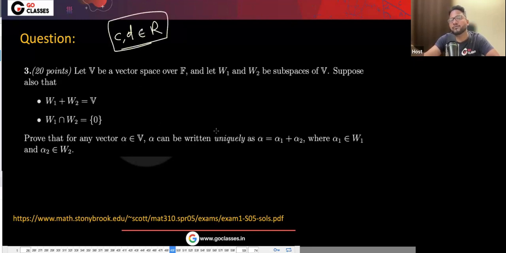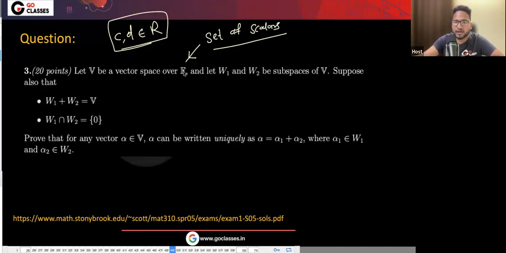Actually, a vector space is defined over some set of scalars. The set of scalars which we were using earlier was the real numbers, but in general it could be anything, like the complex numbers. We will talk about these things later on. For now, just take it as R, which means the scalars are the real numbers.